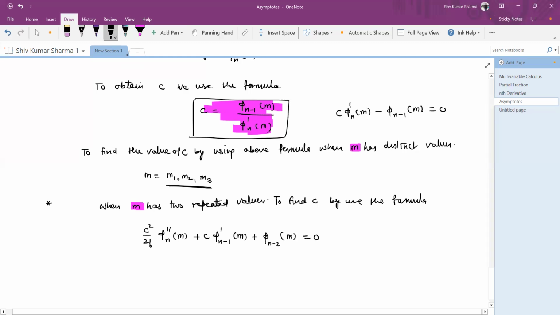So we need to obtain n minus 2, meaning the next highest term.